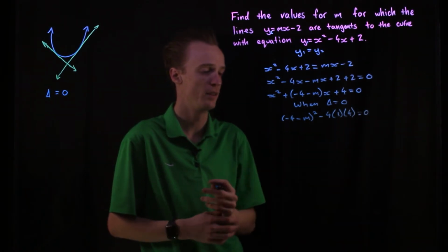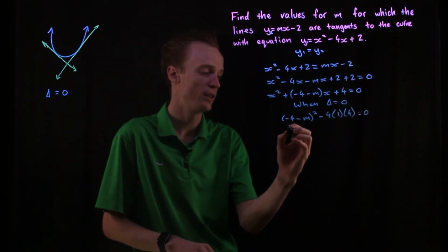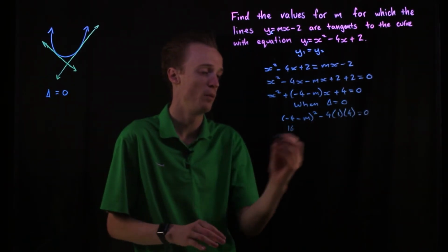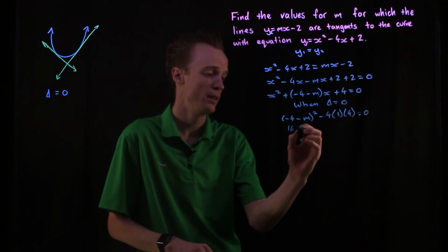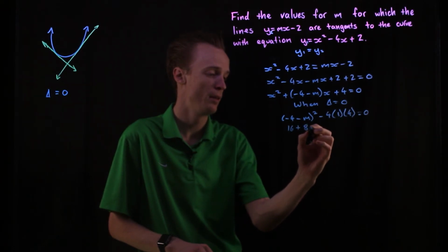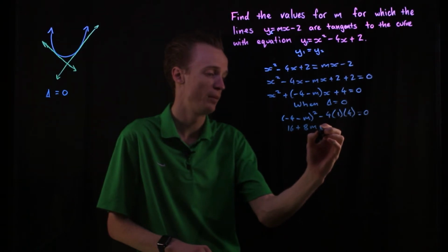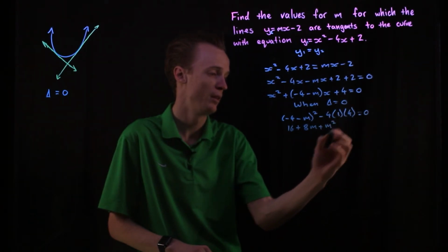Now let's expand this. So negative 4 times negative 4 will be 16. Negative 4 times negative m will be plus 4m. Double that will be plus 8m. The negative m times itself will be plus m squared.